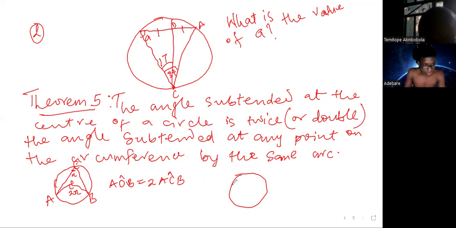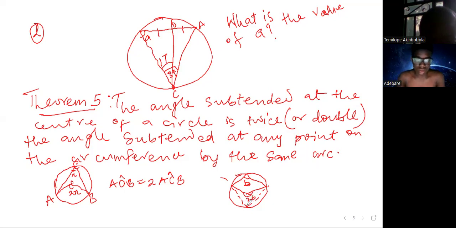The other one is this. So in this case, I can do this. If this is B, then this angle here will be 2B.